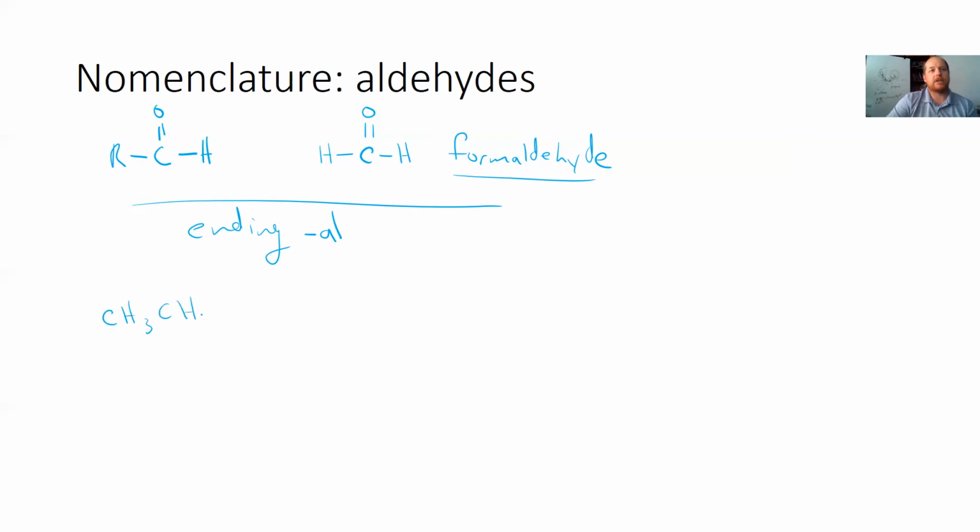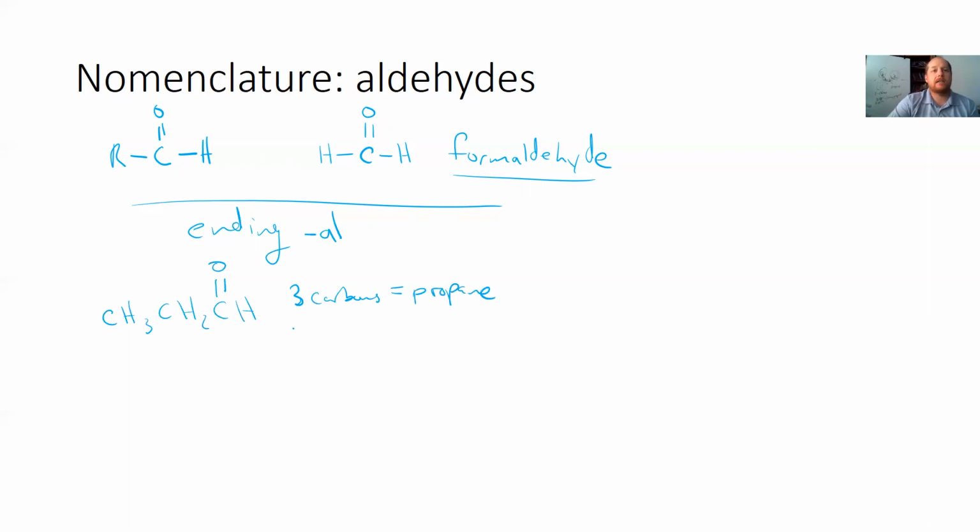CH3, CH2, CH, excuse me, let me do that again. There we go. So this one right here has 3 carbons and it has an aldehyde on it. So the 3 carbons says propane.